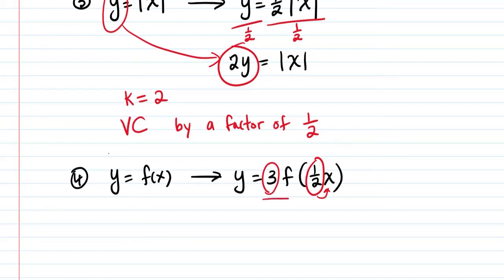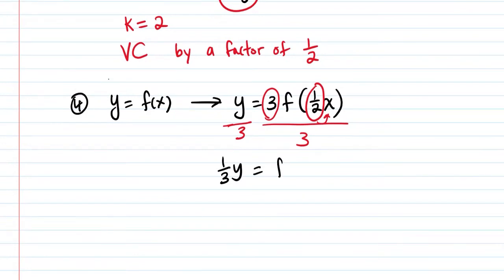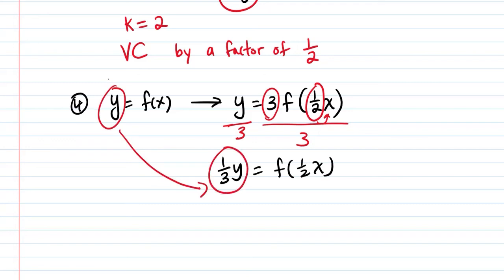We're going to divide the whole equation by 3. So that becomes 1 over 3y is equal to f of 1 over 2x. So y becomes 1 over 3y, and x becomes 1 over 2x.